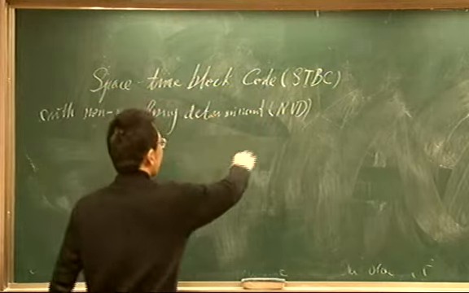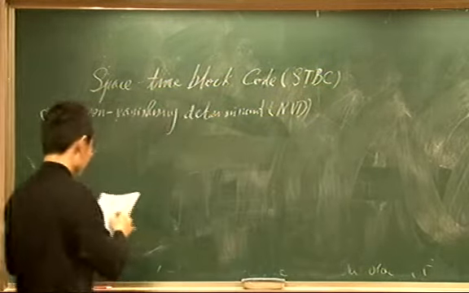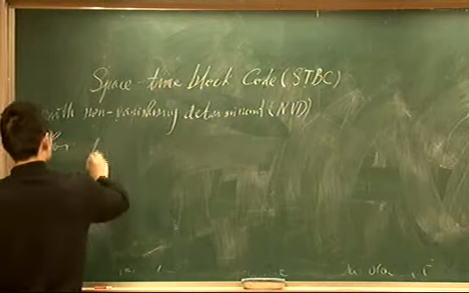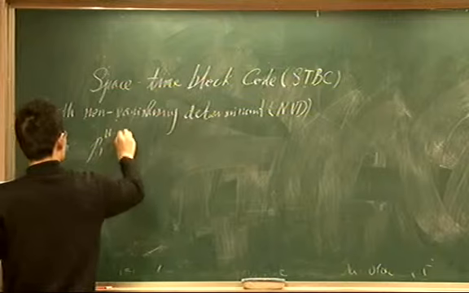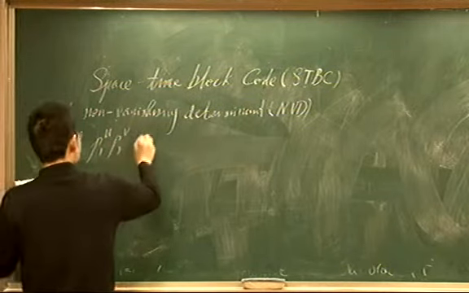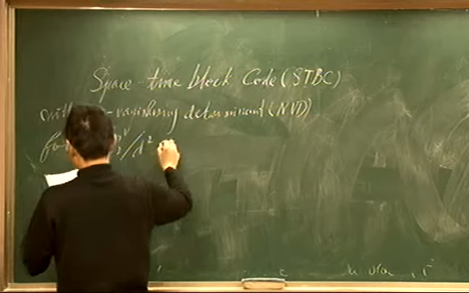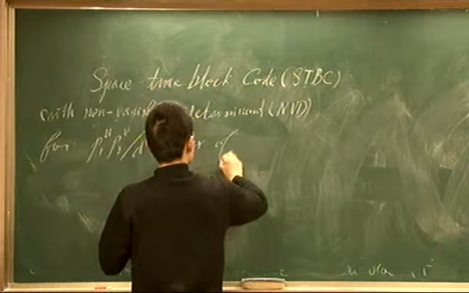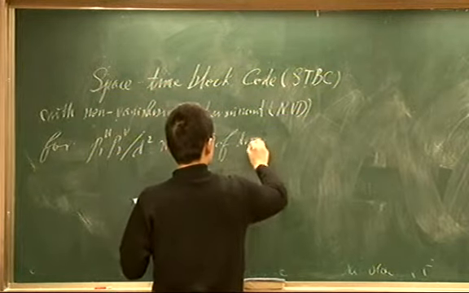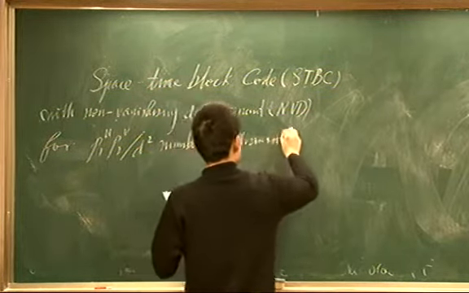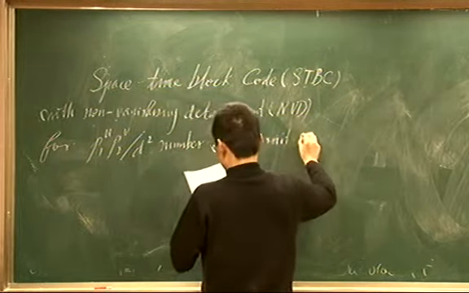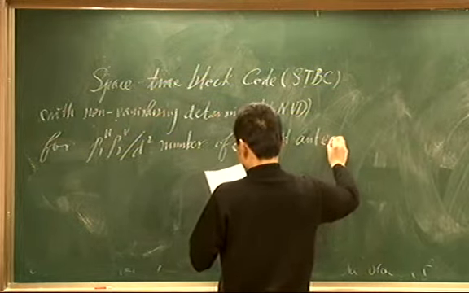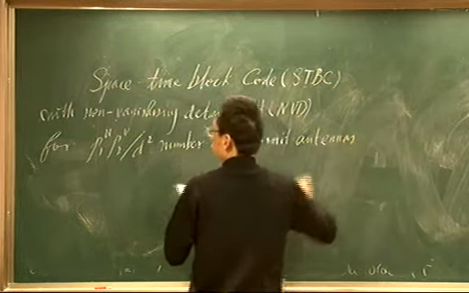This one is simple, for P U P2V, d square, the number of transmit and antennas.